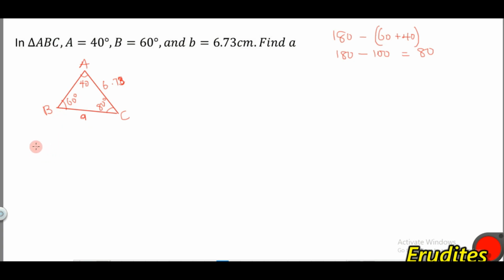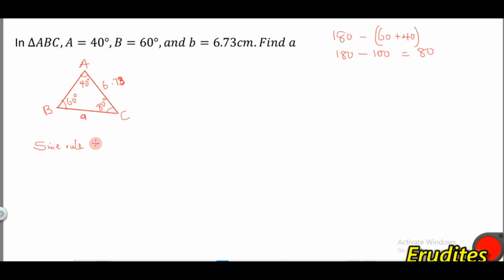So according to the sine rule, I'll put the sine rule here. I have A, 40 degrees. The side a is what I'm looking for. I have B, the angle is 60 degrees, and I have the side b. So A and B will work.